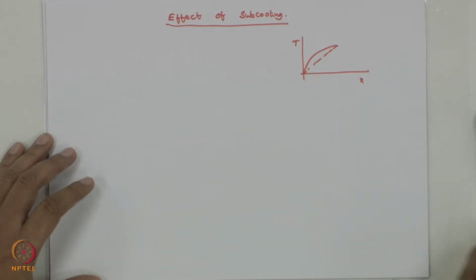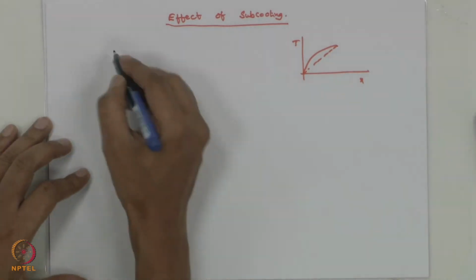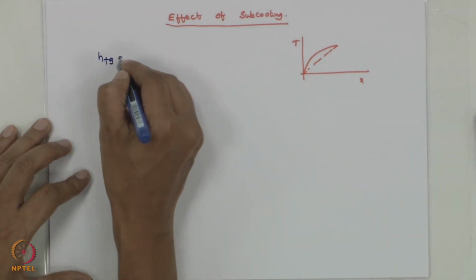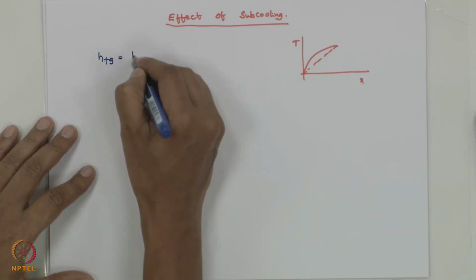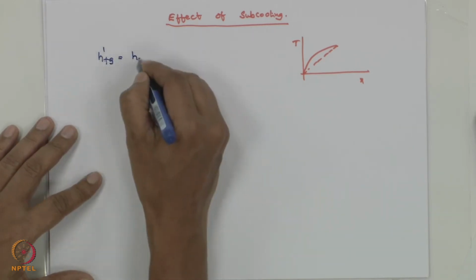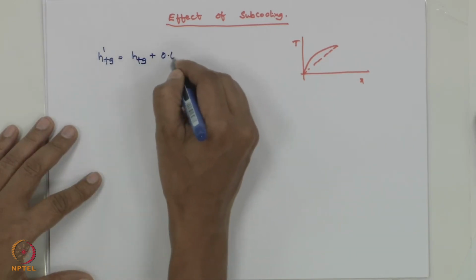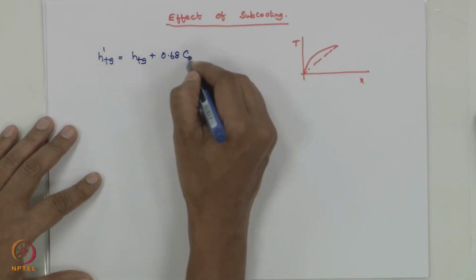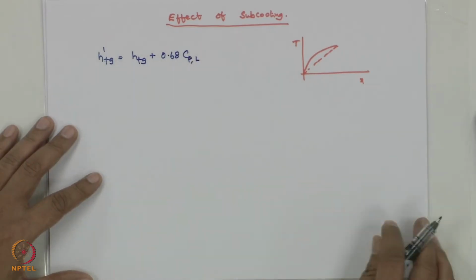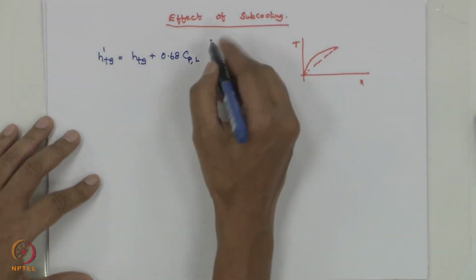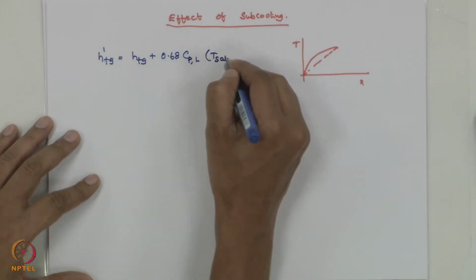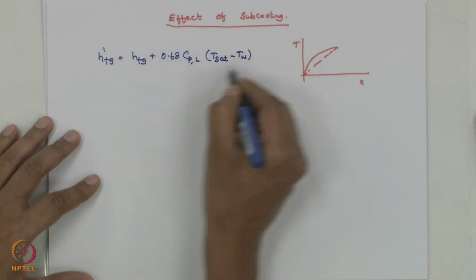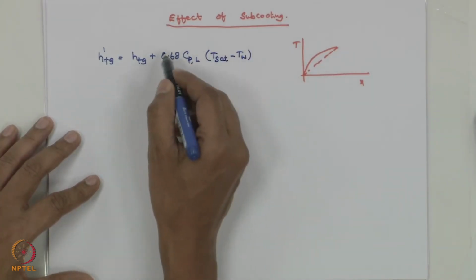To account for this, Rohsenow gave this correction: HFG prime equal to HFG plus 0.68 CPL into T sat minus T wall. This is a sensible heat, but I am taking only 0.68 times. I am not giving the derivation of how this 0.68 came.